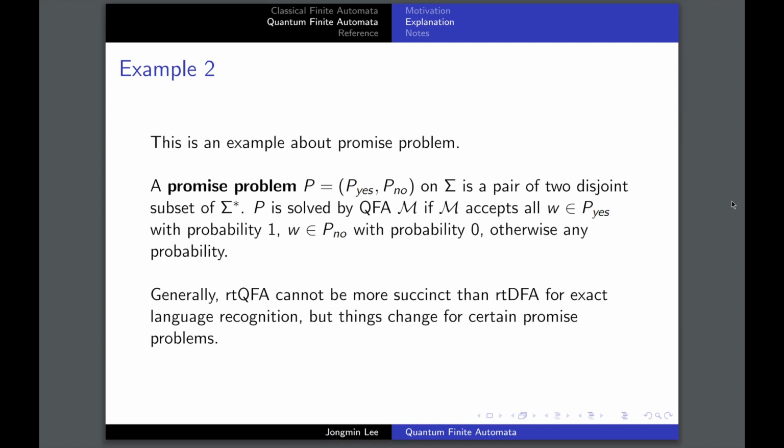In general, QFA cannot be more succinct than the real-time DFA for exact language recognition, but in some cases it is more succinct than RTDFA, such as this.